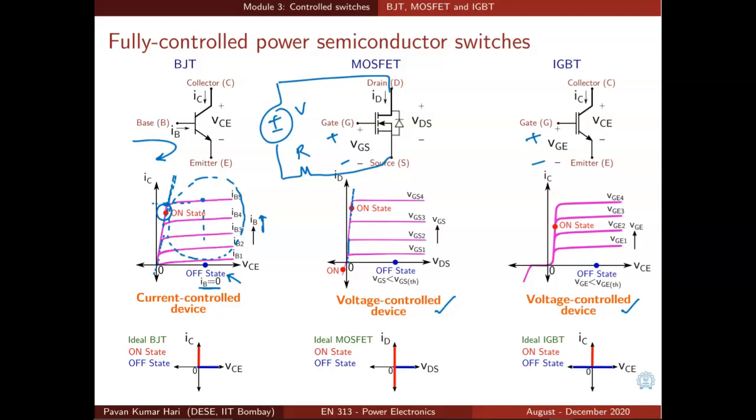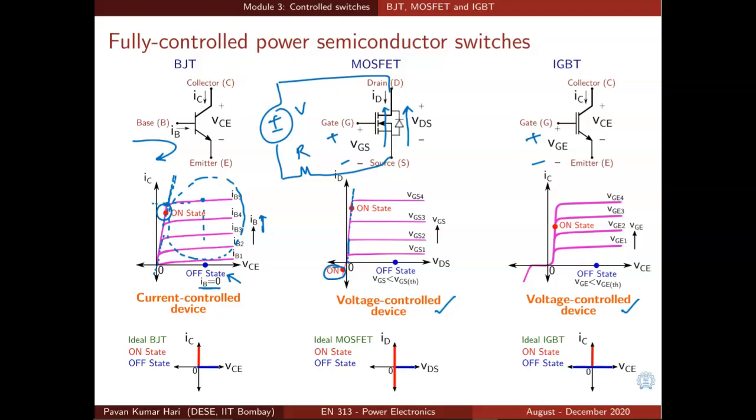As we have discussed, the on state could also be a point in the third quadrant because the device can carry current in the negative direction. But again, the actual operating point depends on whether the channel is conducting or whether the body diode is conducting.